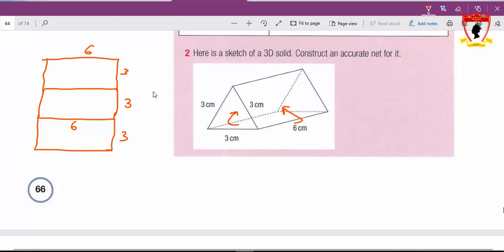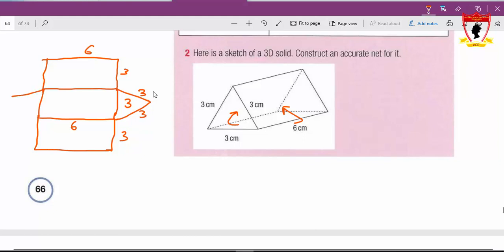Okay, and 2 triangles are also connected to the base. So this line must be 3 centimeters and this one another 3 centimeters because the triangles in the diagram are 3 by 3 by 3.